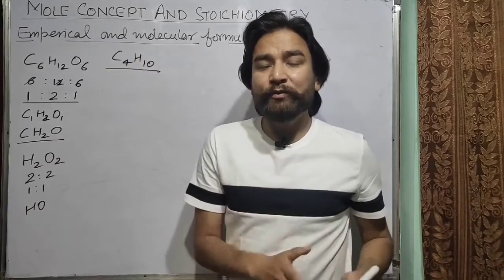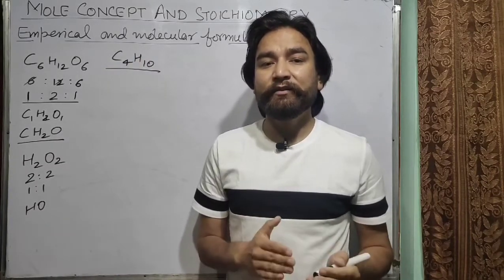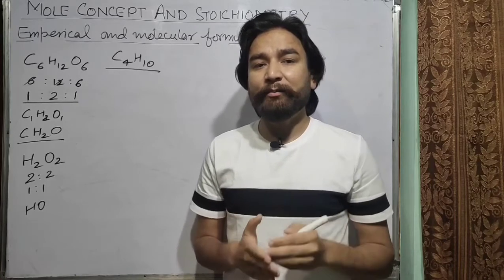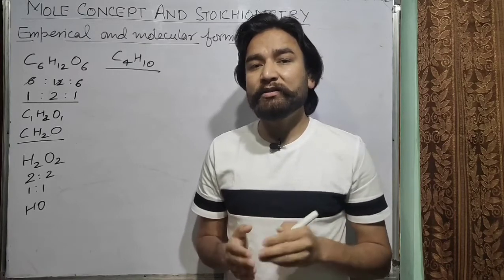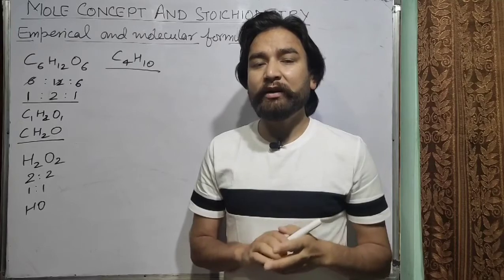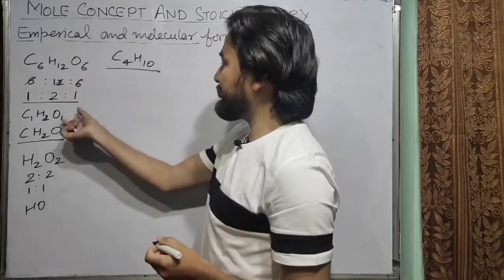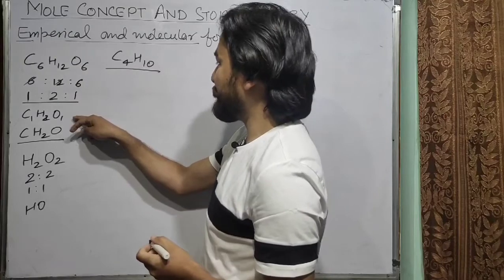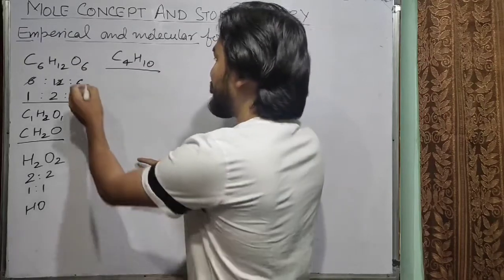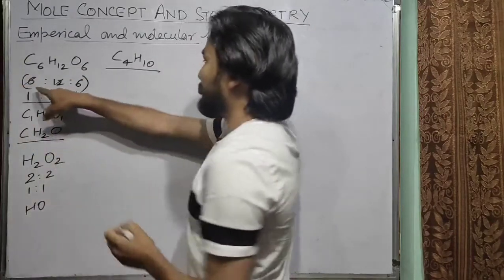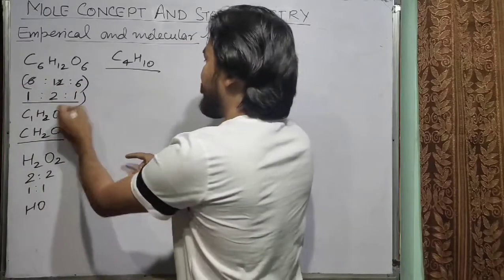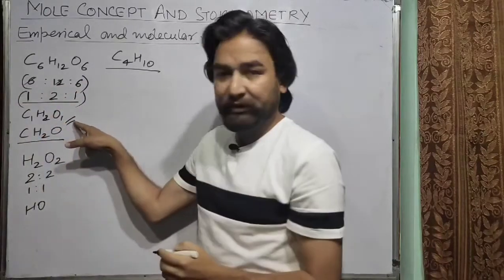So now we will see what is the difference between molecular and empirical formula, and what is the relationship between molecular and empirical formula. From here you can see that it was divided by a factor of 6 and then empirical formula comes.